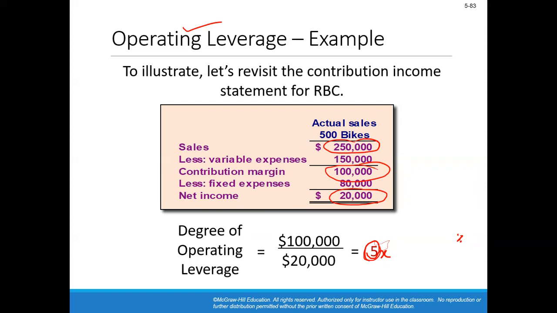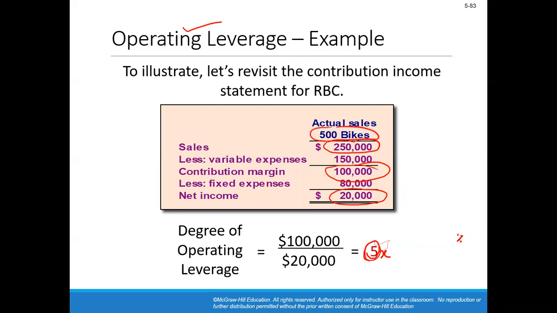Okay, it is not a kind of constant that it will be 5 in all cases. So you have to determine the base on which you have calculated the degree of operating leverage. You see that you have estimated it based on the 500 bikes.